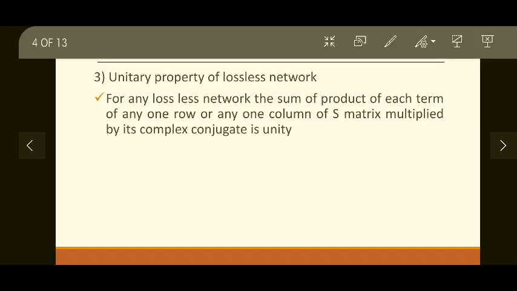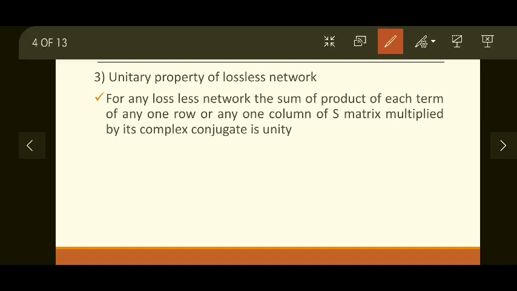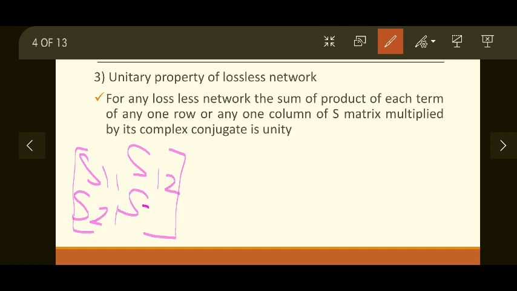Let's say this is our S matrix, which has S11, S12, S21 and S22. What is the meaning of the unitary property? What does the statement say? The sum of products of each term of any one row.